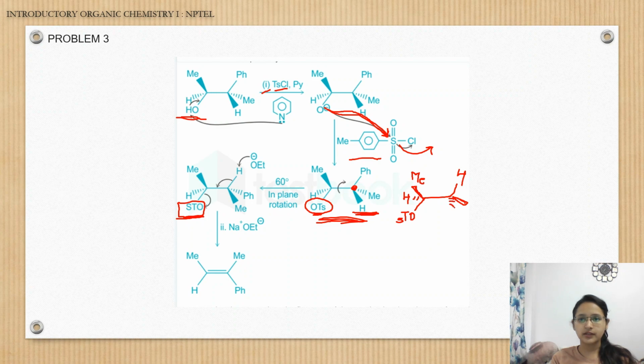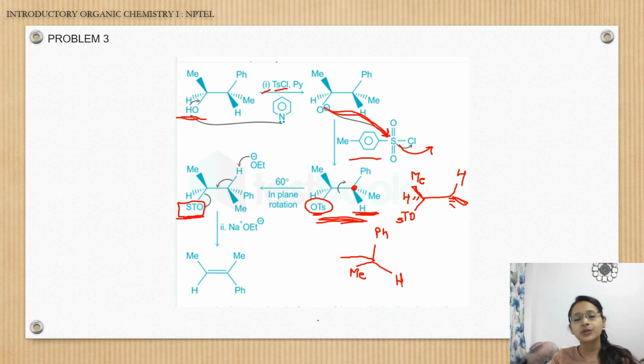So here, according to the Sawhorse projection, see this. If this is phenyl in the plane, then below the plane is Me, and this is hydrogen, right?